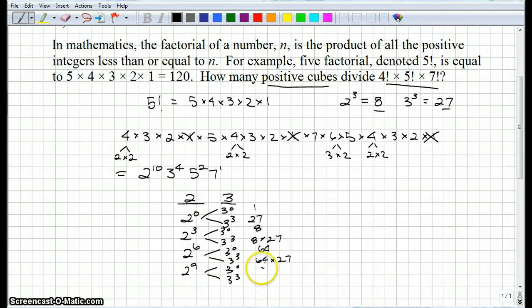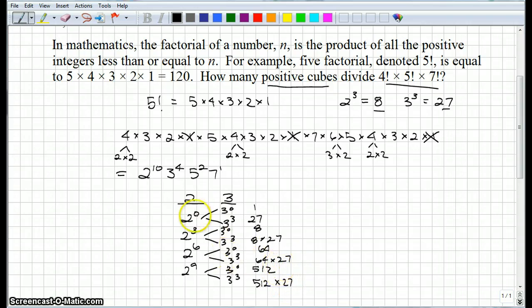So 3 to the 0 is 1, so this is 512, and this would be 512 times 27. You know that's going to be a cube because the factors are cubes: 512 is a cube and 27 is a cube.